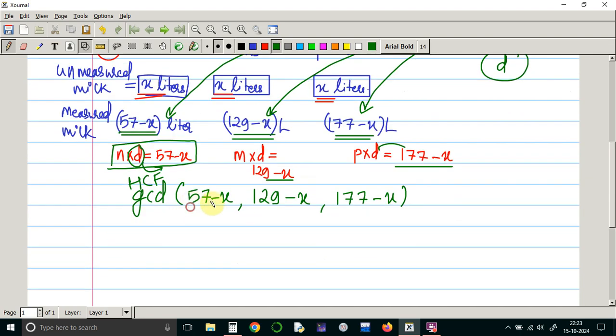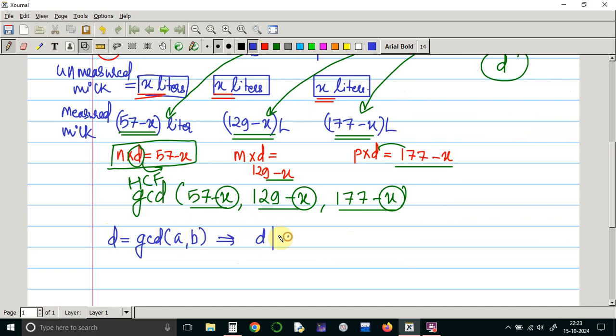Now, finding the GCD of 57 minus x is not possible for me because there is this unknown number. How can I remove this variable? I want to remove this variable, then only I am going to get the HCF of these three numbers. So I am going to use a result that if d is the GCD of two numbers a and b, this implies that d divides a and d divides b.